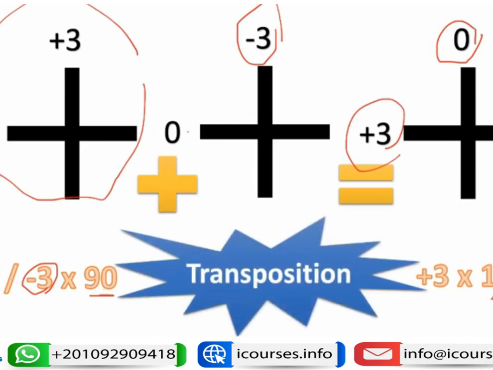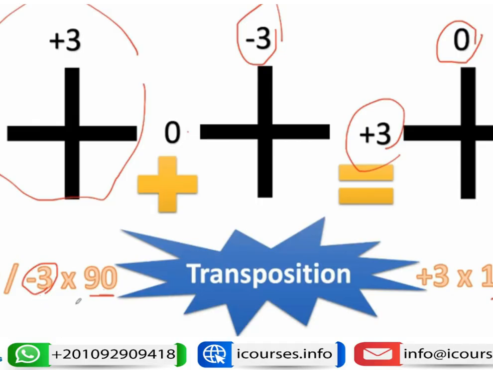This is what's called transposition. Instead of giving the patient heavy glasses that have a +3 lens and -3 at axis 90, we changed it to a simple form of only +3 at the axis of 180 degrees, and he will see the same thing. So both of them will be the same.